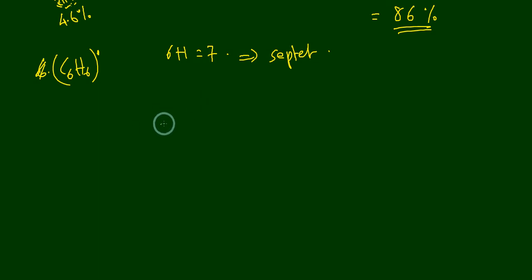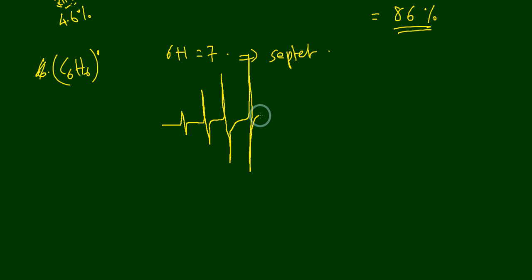So if you are looking at the ESR spectrum of this molecule, the spectrum will look like this. Okay, 1, 2, 3, 4, 5, 6, 7. 7 peaks are there.